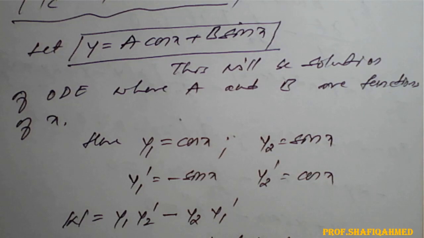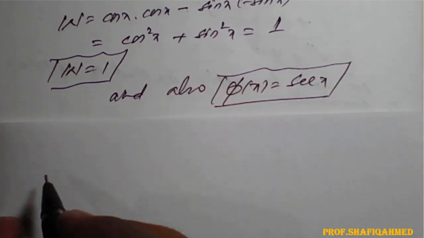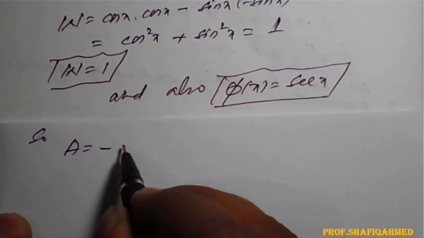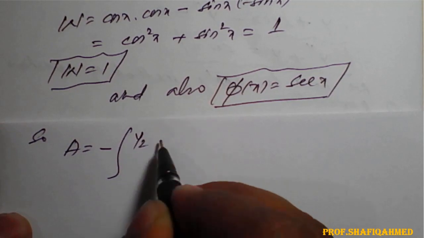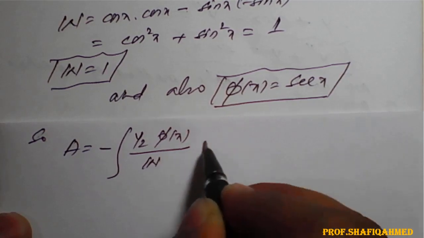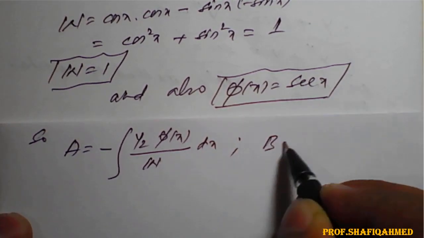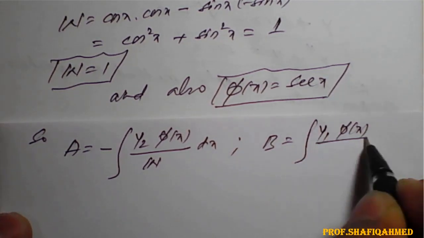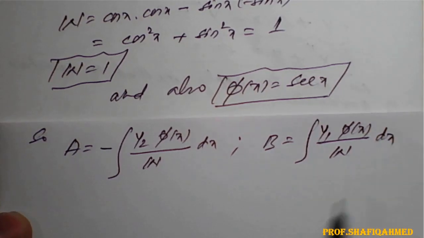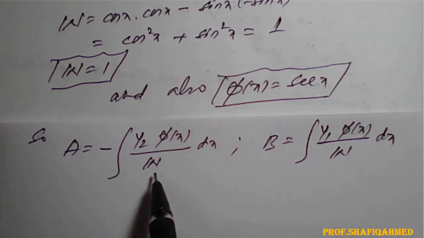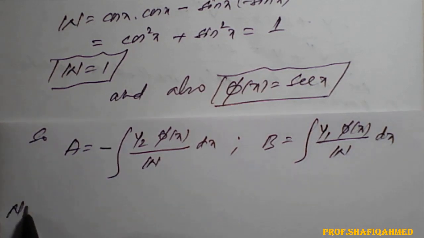So the A formula is given by minus times integration of y2 into phi of x divided by w into dx, and the B formula is given by integration of y1 into phi of x divided by w into dx. We know y1, y2, phi of x and w, so we'll see one by one now.